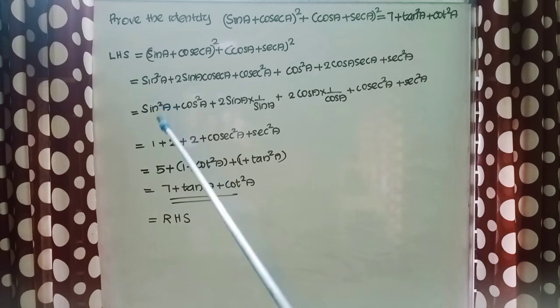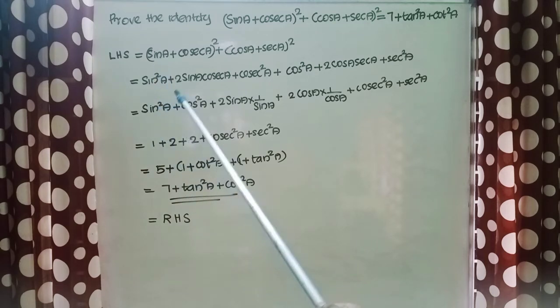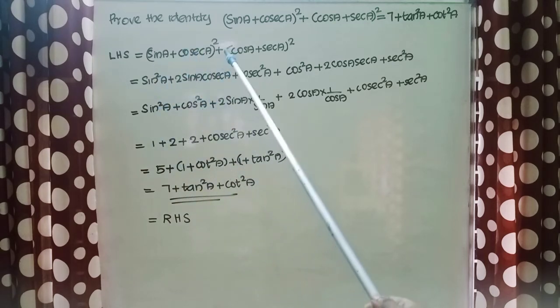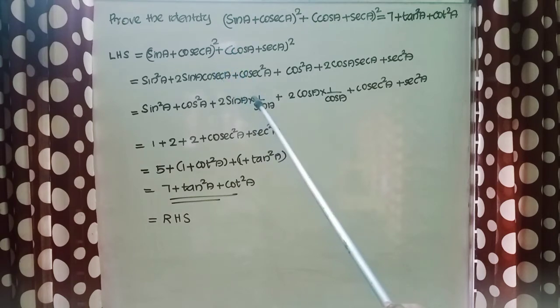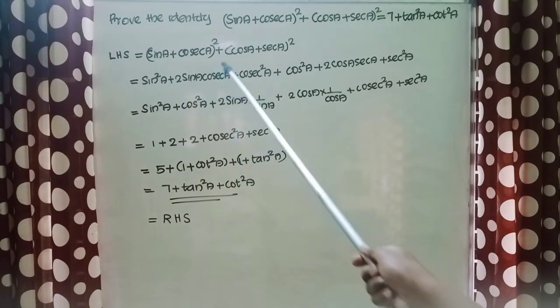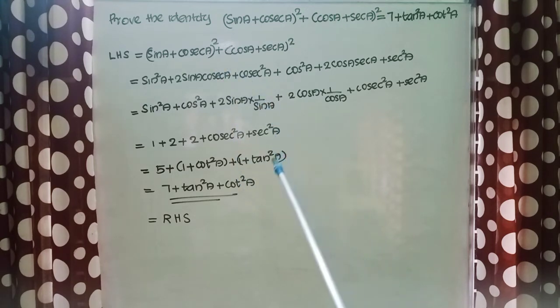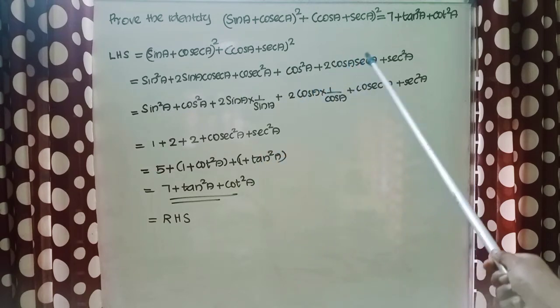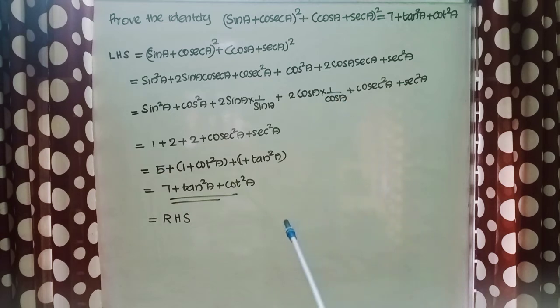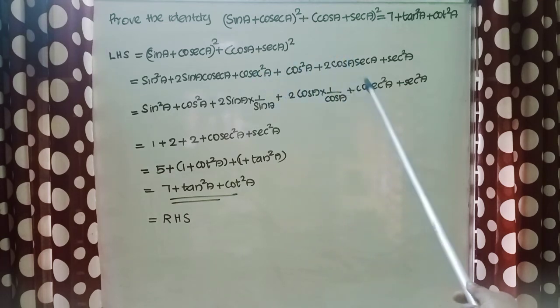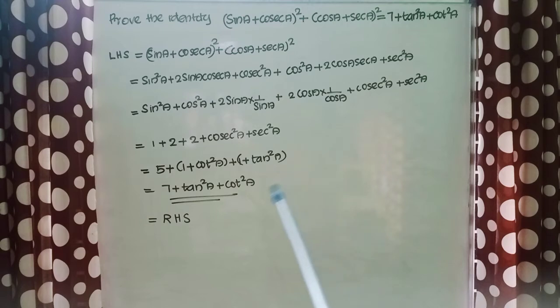We get that is equal to sin square A + cos square A + 2 sin A cosec A. That we can write as 2 sin A into 1 by sin A, because cosec A is 1 by sin A. Next, 2 cos A sec A. This sec A we can write as 1 by cos A. Then the next terms, cosec square A, then sec square A. We know sin square A + cos square A is equal to 1.